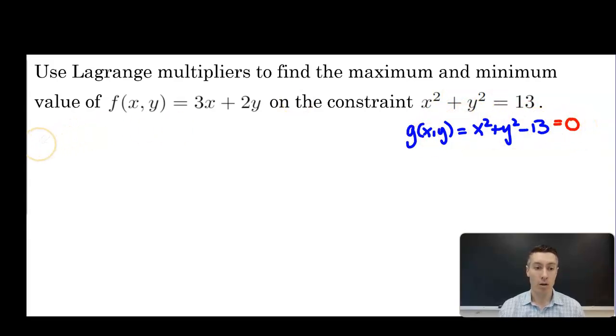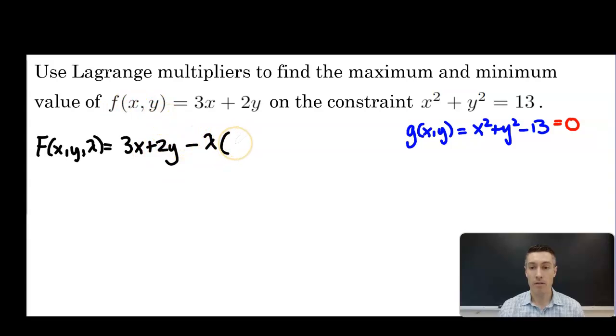So then we build our Lagrangian. L(x, y, lambda) is going to be 3x plus 2y, that's our function f(x,y), minus lambda times (x squared plus y squared minus 13). Okay, so this is f, this is g, f minus lambda g.